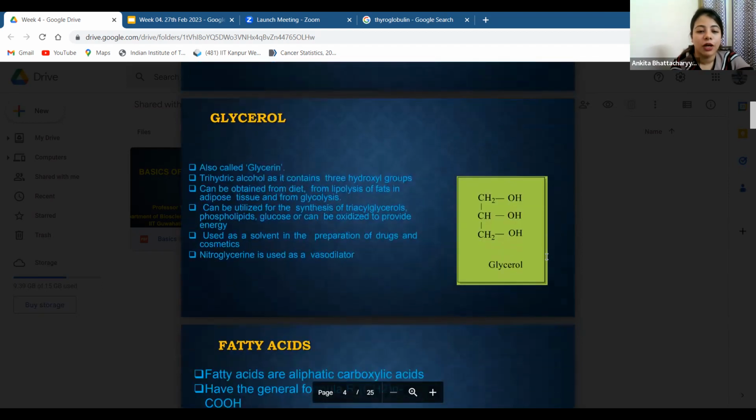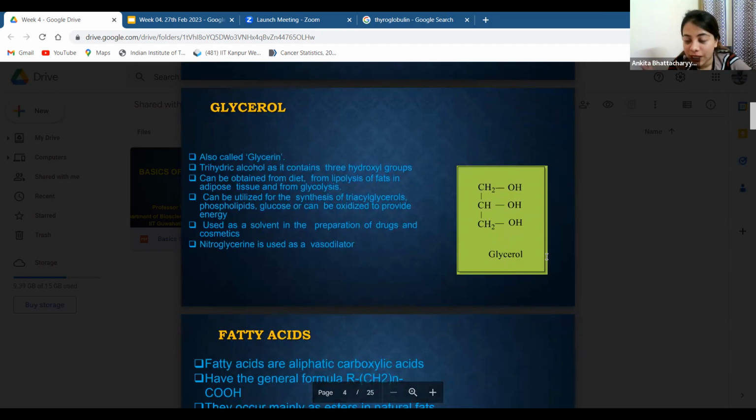Then one of the major components of the entire class of lipids is glycerol, commonly called glycerine. It is a trihydric alcohol, which means it has three hydroxyl groups.